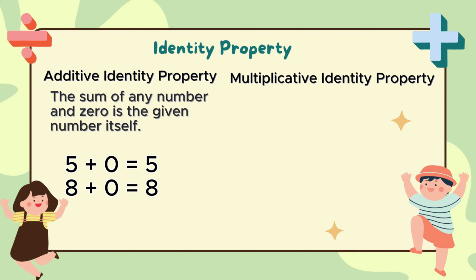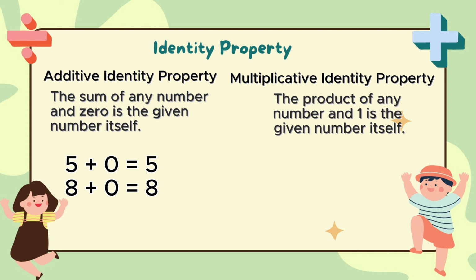Now, for the multiplicative identity property, the product of any number and 1 is the given number itself. This time, it is already multiplication because we are referring to the product. Any number we multiply by 1, the resulting product is the given number itself. Let's have an example. 5 times 1 is 5, and 8 times 1 is still 8.